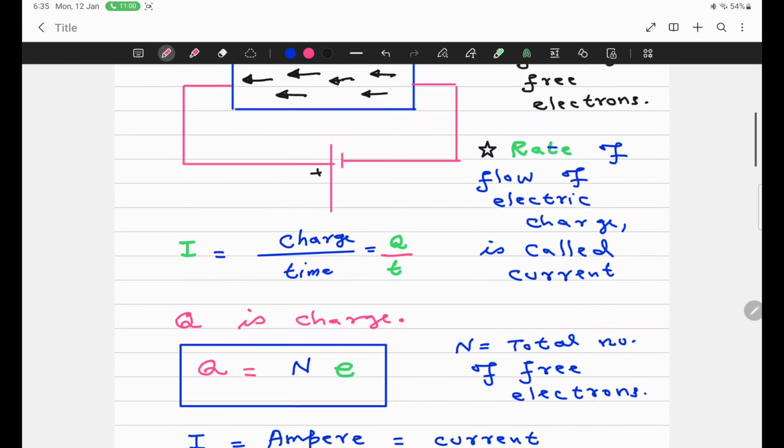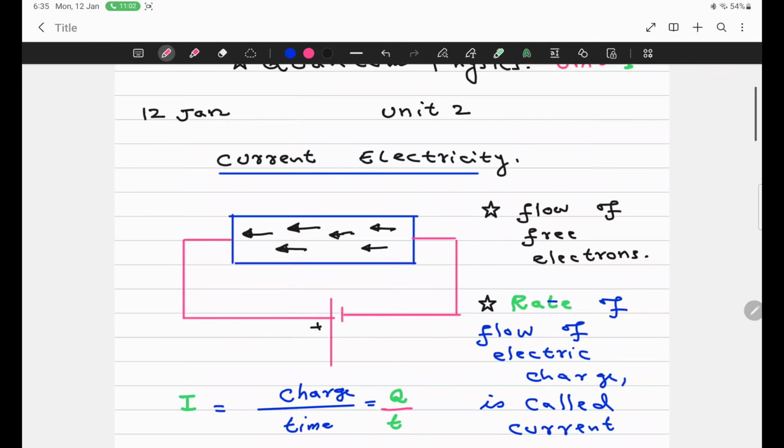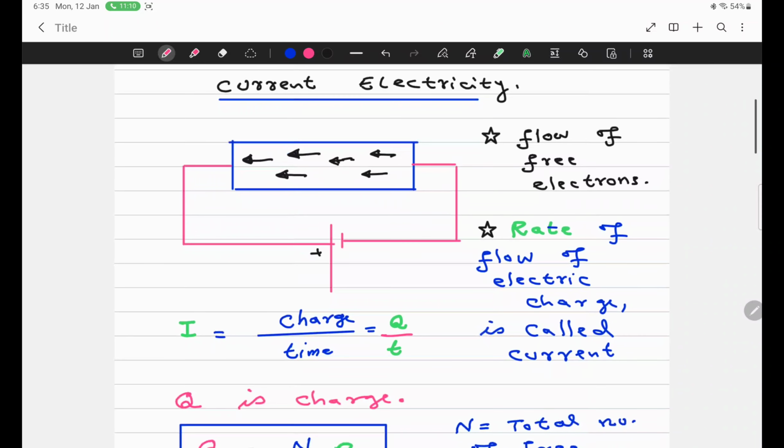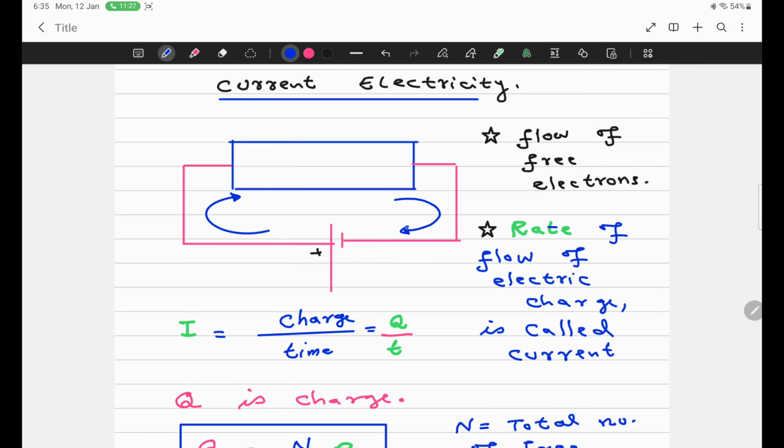After completing this concept, what is electric current? Actually, electric current is the flow of free electrons, but we cannot use the term free electrons, so we say it is the rate of flow of electric charge. As for the direction of current, it is assumed that current flows from positive terminal to negative terminal.